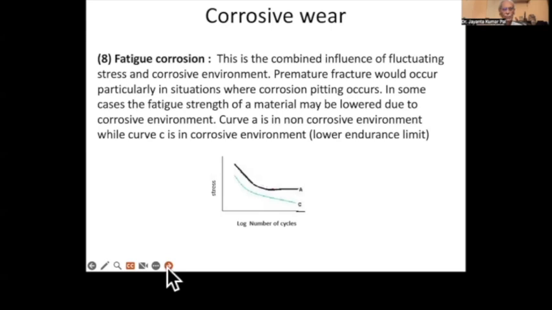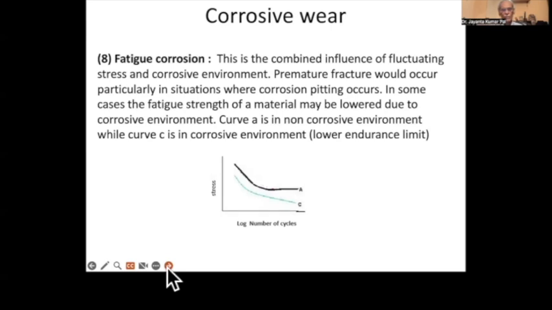And the figure below shows two graphs. One is stress and the number of cycles, usually a single curve. Figure A shows without corrosion, and figure B or C shows with corrosion.